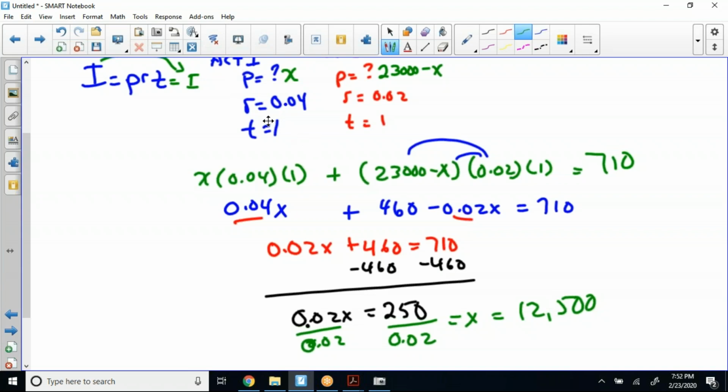Which is at 4%. Here's X, right here. So it's 4%. So the account 1, 4% is 12,500 of that 23,000. And if we want the account at 2%, that would be 23,000 minus 12,500.